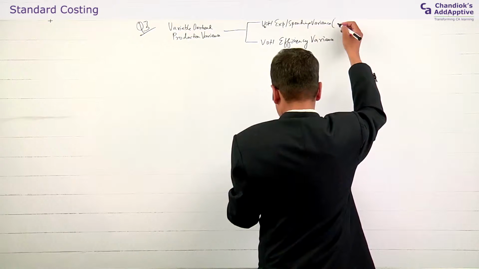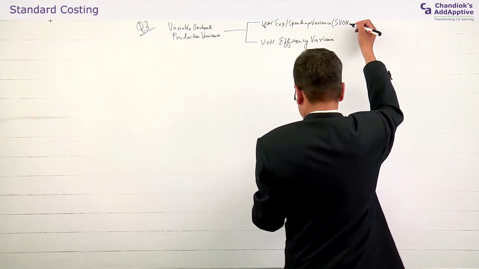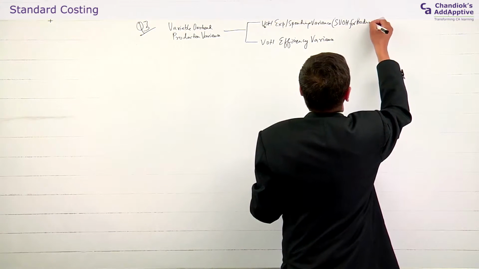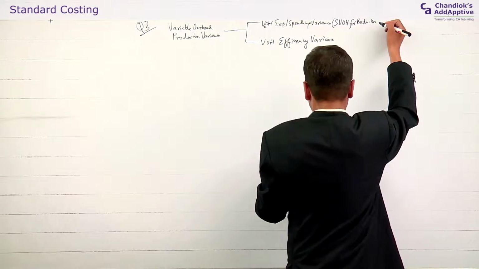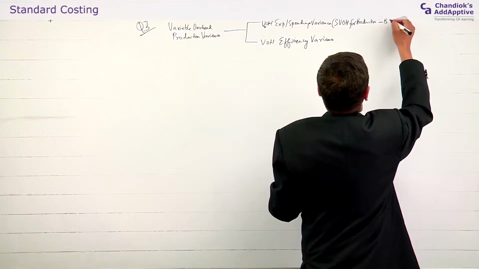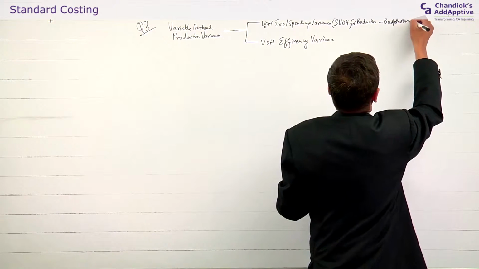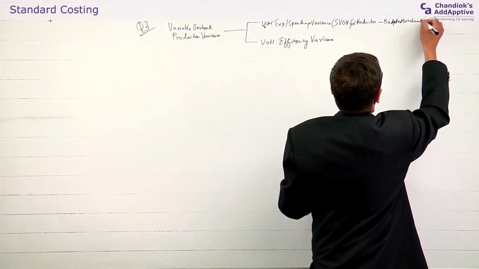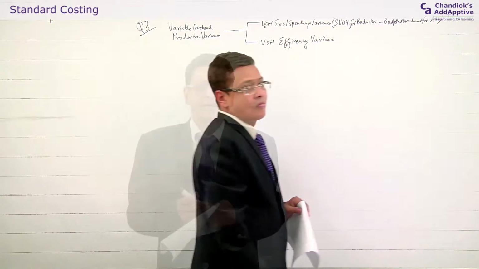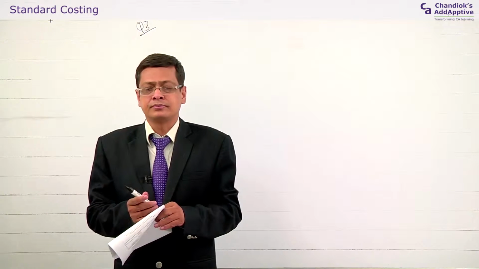It is standard variable overhead for production minus budgeted overhead for actual hour. AH I write for actual hour. We start from here the variable overhead costing.